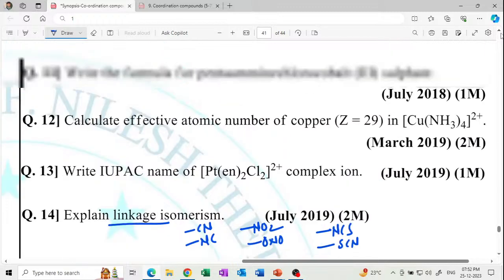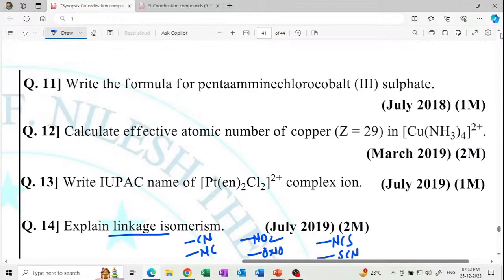Write the IUPAC name of the [Pt(en)2Cl2] 2+ complex ion. So this is the diethylamine, get it? Di-ethylene diamine means we write bis. This is bis-ethylenediamine and dichloro. Starting with dichloro, bis-ethylenediamine, platinum, and what is the oxidation state? +4. Get it?